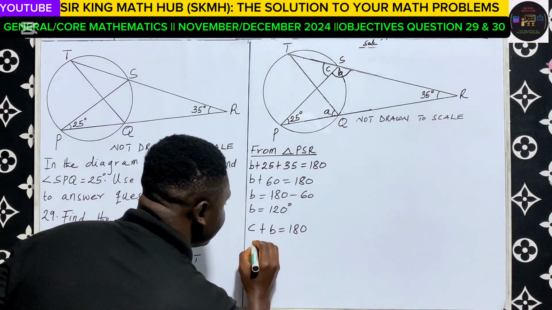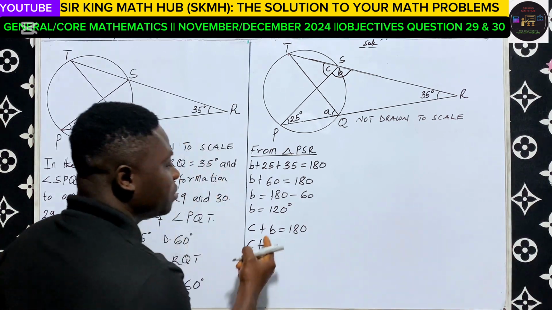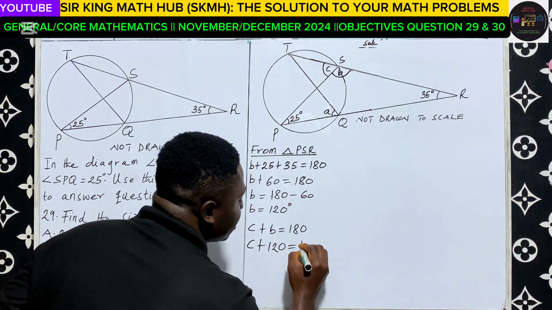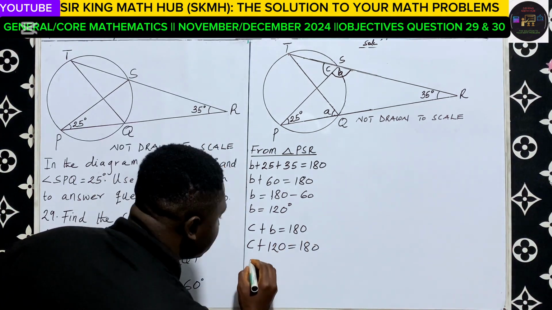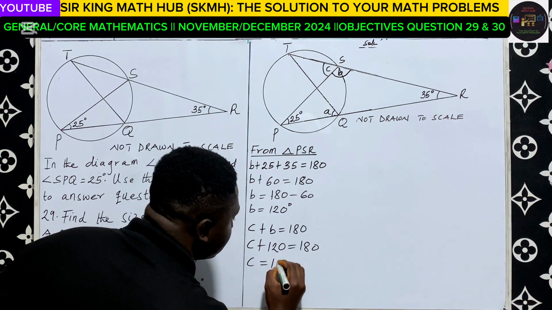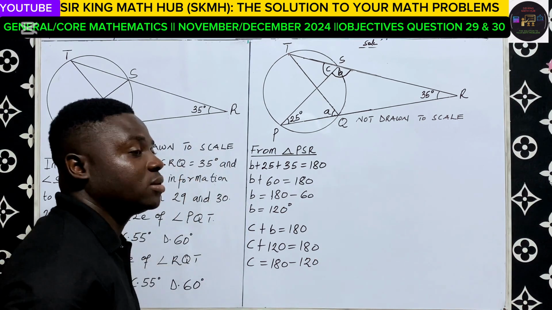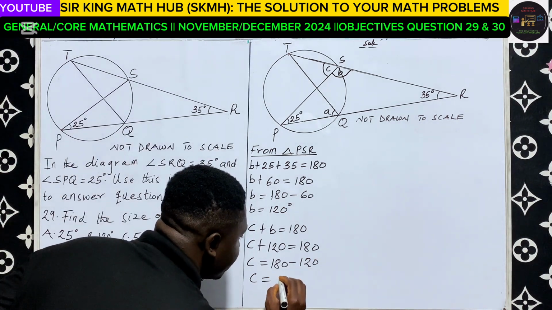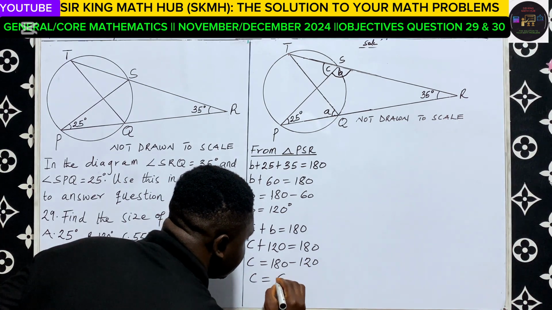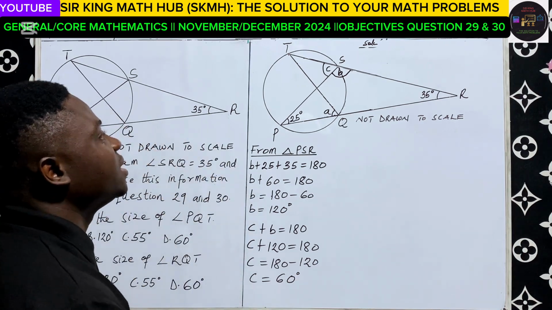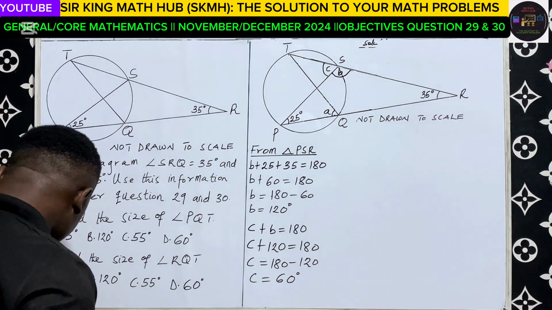But what is the value of B? B is 120 degrees. So let's solve for C: 180 minus 120. Therefore C measures 60 degrees.